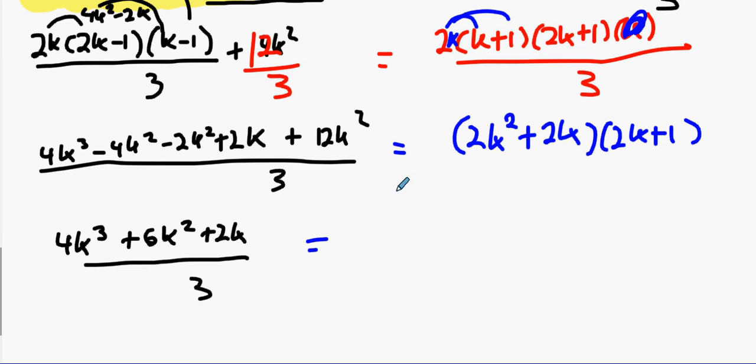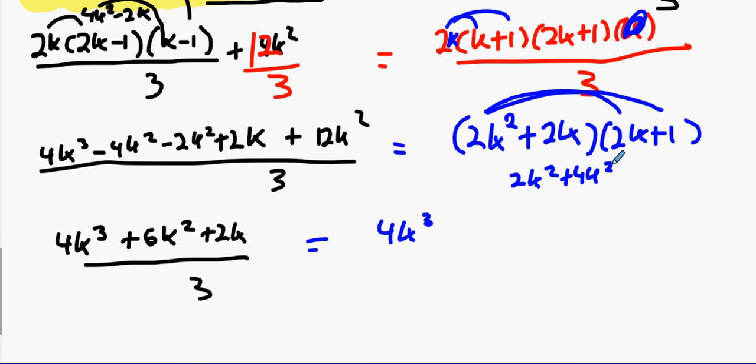So we get 2k squared by 2k, which is 4k cubed. And then 2k squared by 1 is 2k squared. And then 2k by 2k is 4k squared. And finally 2k by 1 is 2k. And that's 6k squared as well, plus 2k.